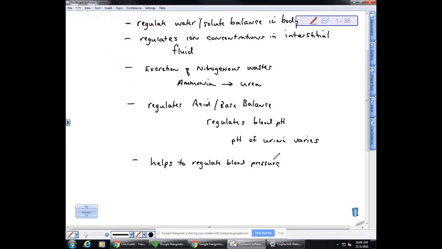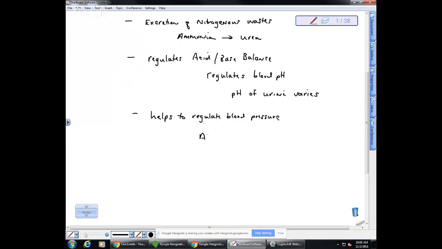So when we talked about the endocrine system, we specifically talked about aldosterone. And does anybody know or remember what endocrine gland secretes aldosterone? It's the one that's right by the kidney. Adrenal glands, right?